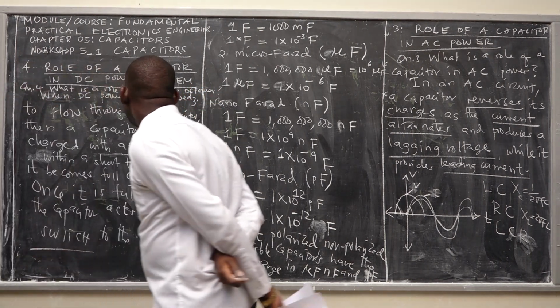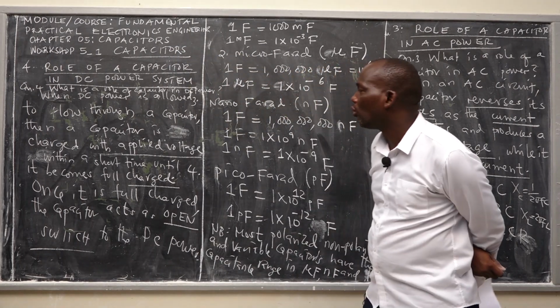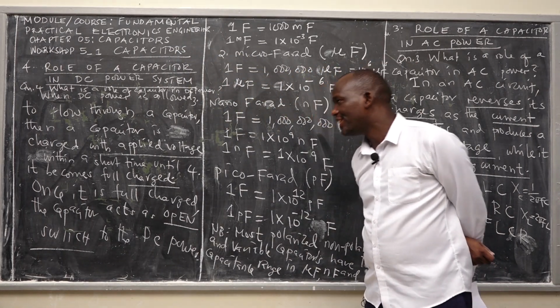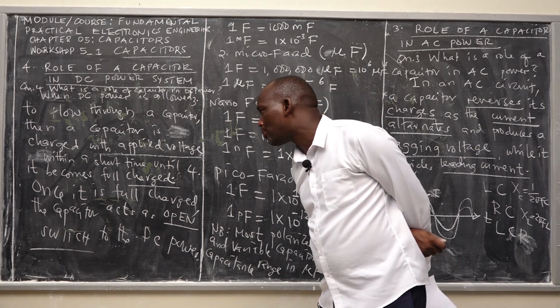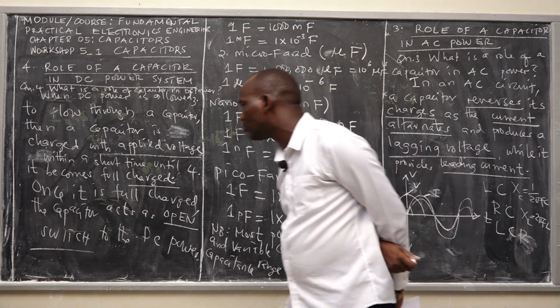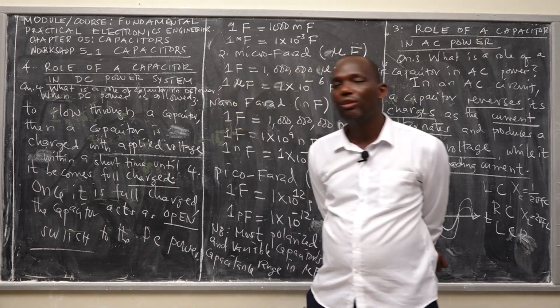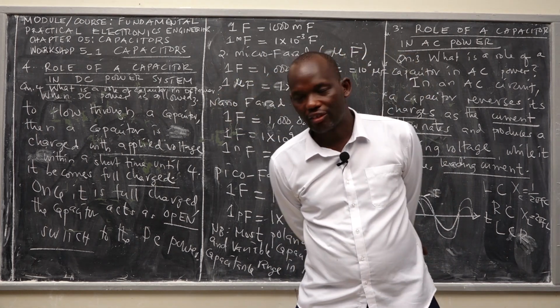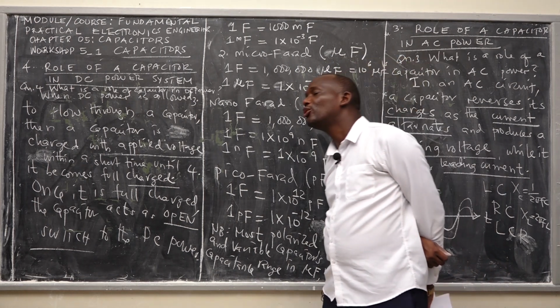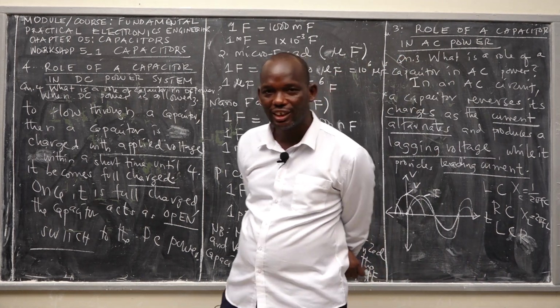We say that when DC power is allowed to flow through a capacitor, the capacitor is charged with the applied voltage within a short time until it becomes full what? Fully charged. Right? We call that full time the time constant, if you do remember.